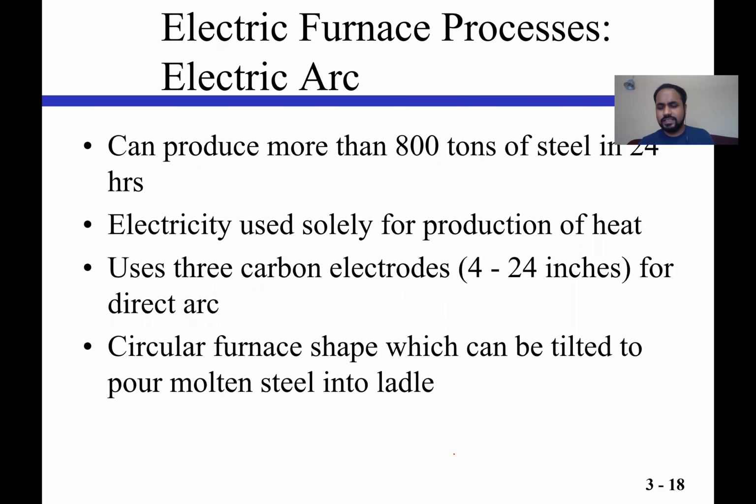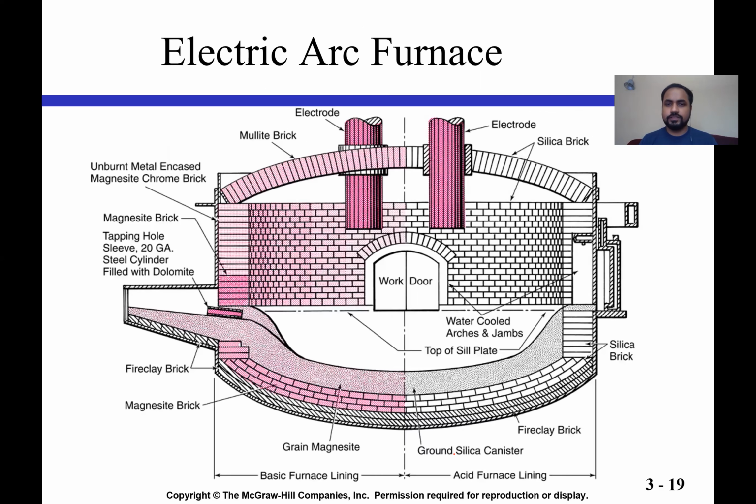I won't go into the details, but in this one, you can provide external heat because you have 3 electrodes. You have big giant electrodes, and they will touch the scrap steel and move up slightly. So it creates an arc, and this heats up the material. Most of the steel plants that do not have a blast furnace just get scrap steel and generate electricity.